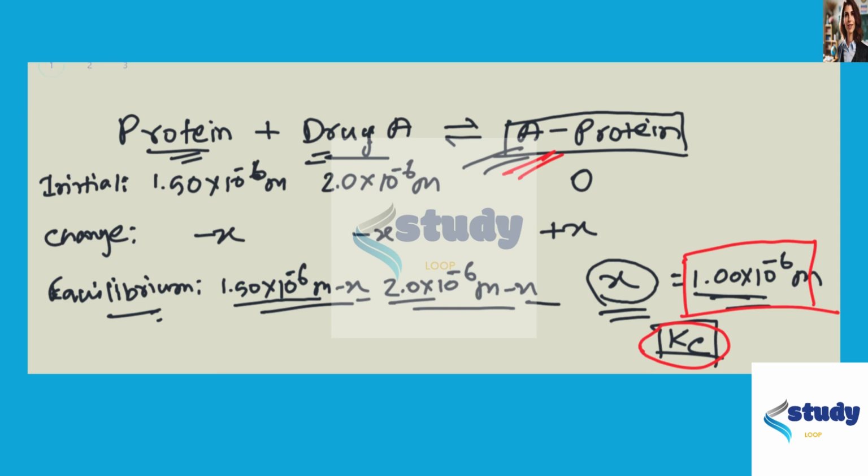So we'll just set up the same reaction like this. In case of drug A, we will have to write drug B, and the complex will be drug B protein complex.